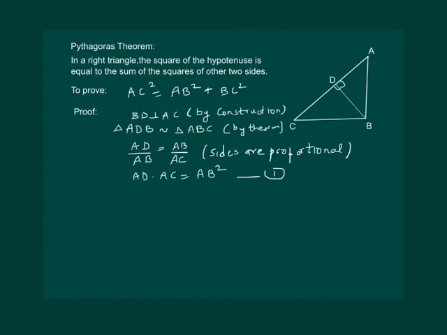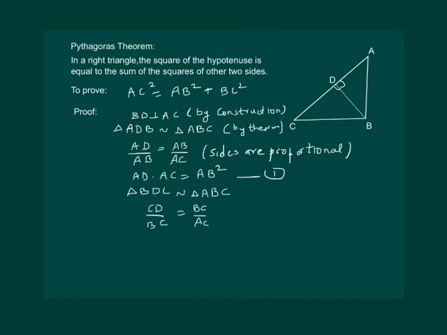Now apply the similarity criteria also to the other triangle, that is, triangle BDC is also similar to triangle ABC. So the corresponding sides are proportional, implying that CD by BC equal to BC by AC.